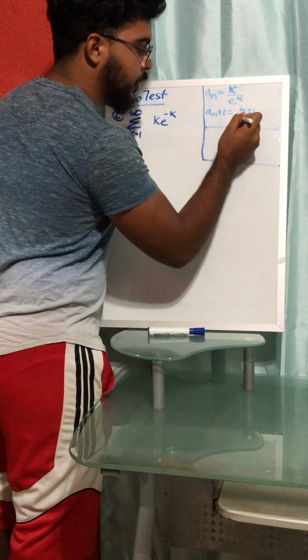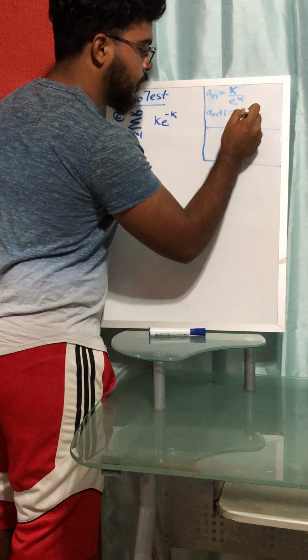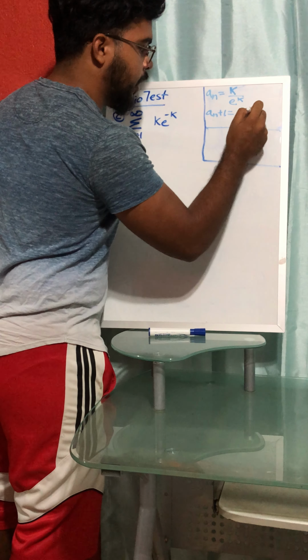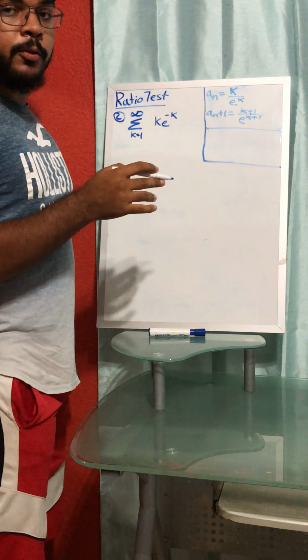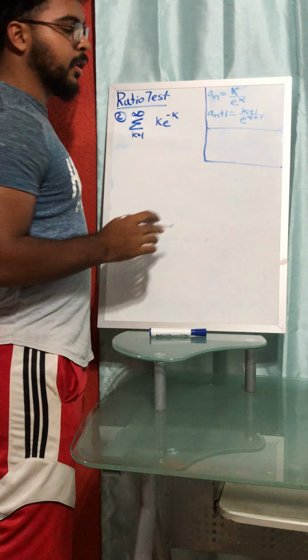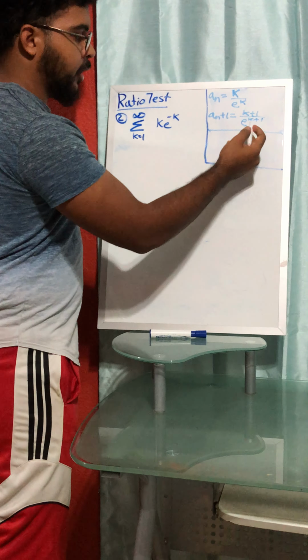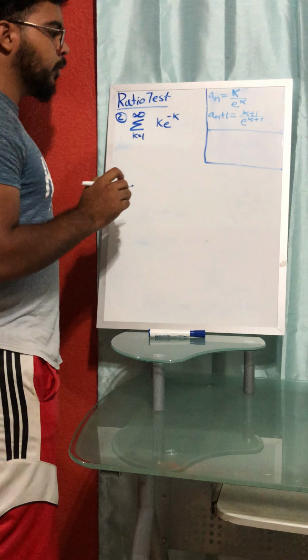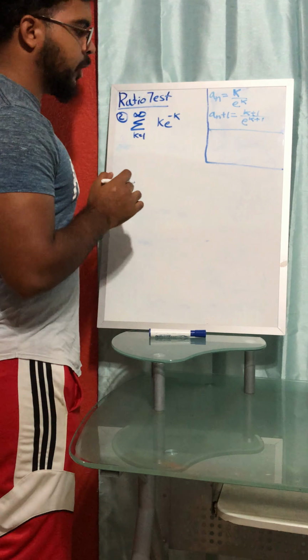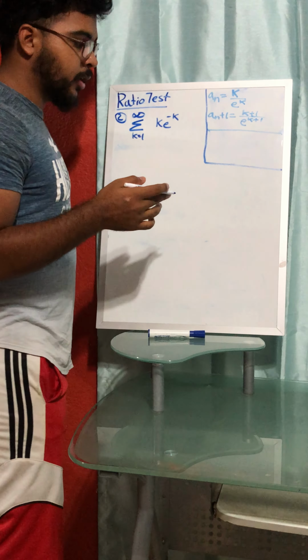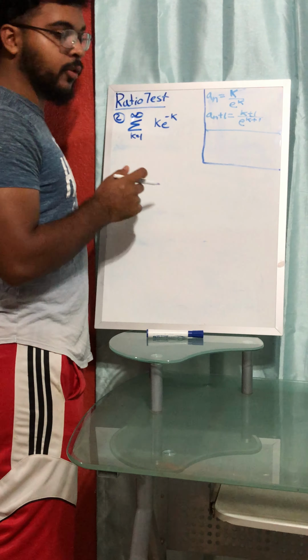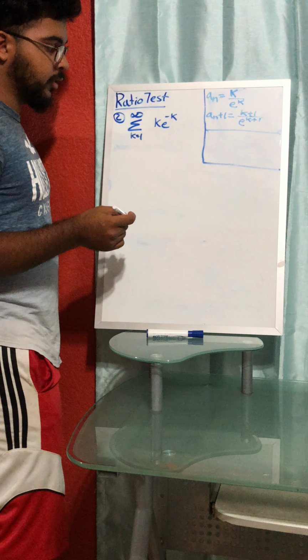And in the denominator I will have e raised to the power of k plus 1. It is important that you notice that the 1 is in the exponent area. Now there's a formula that you need to use in your limits so that you can find if it converges.